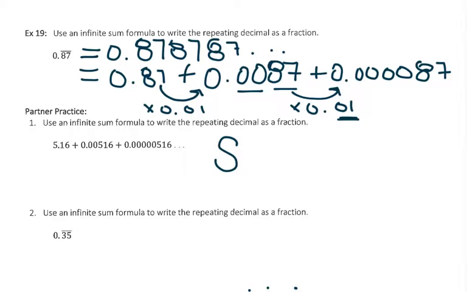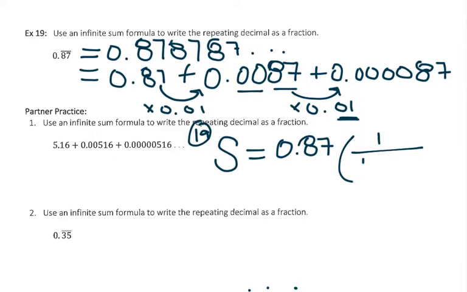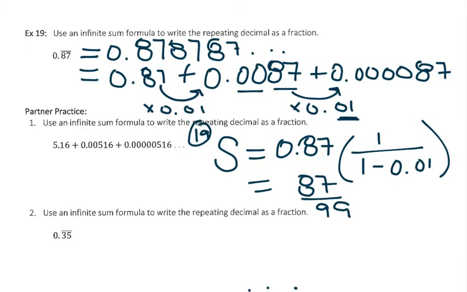So the sum in 19 is our first value, which is 0.87, times 1 over 1 minus 1/100. And if we were to plug that in, we would get 87 over 99. So that is how you use an infinite sum formula to write a repeating decimal as a fraction. So next, you should work on 1 and 2 with your partner, and after that, you're ready for the homework.